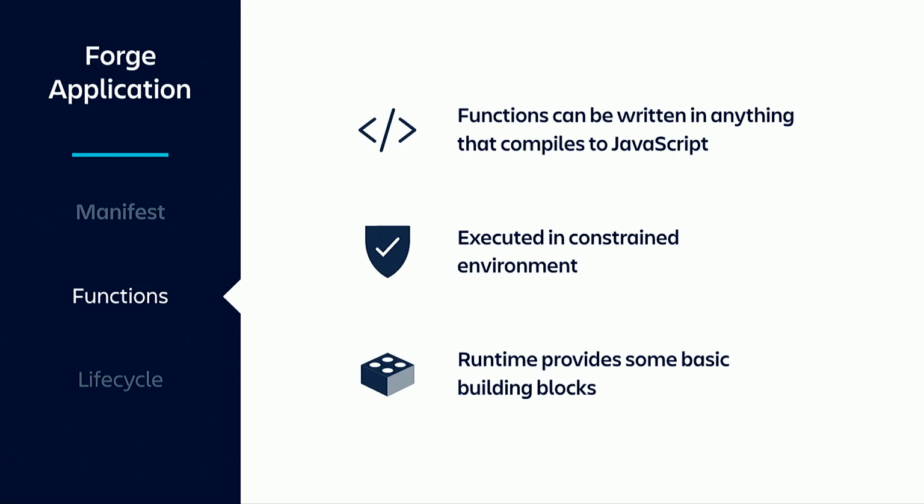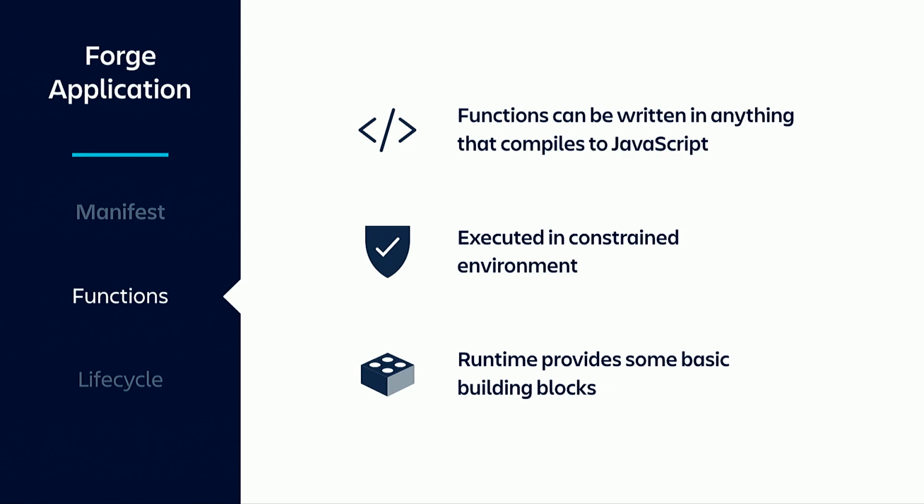It's also worth mentioning that your function is executed in a constrained environment. So this is not a full Node.js runtime. For example, your function cannot access the file system or use native libraries. This is done to ensure proper isolation between different Forge applications and to make sure that there is no malicious behavior.